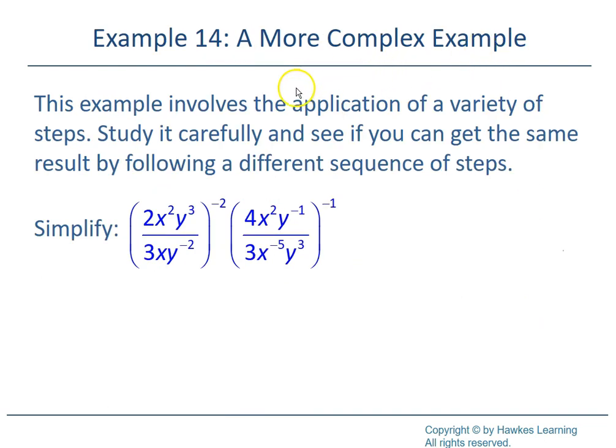Now in our last example, here it gets rather complex. So we'll follow what the book has, and I'll explain what's going on step by step. But notice what you could do is you could flip this, and this becomes a positive exponent. You could flip this, and this would become just to the first power.